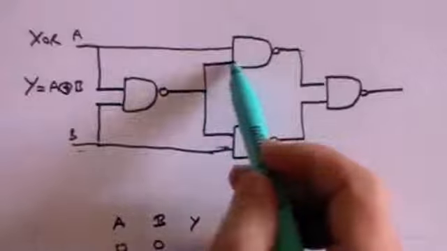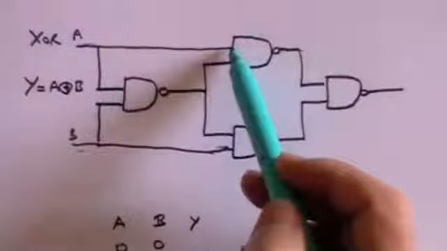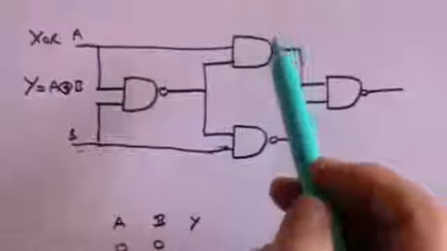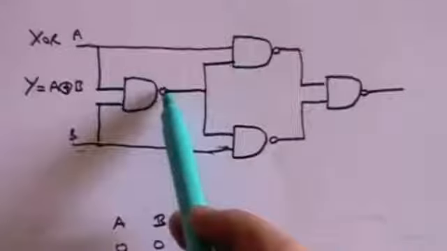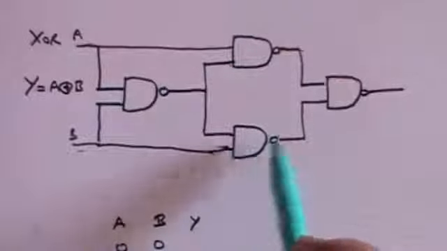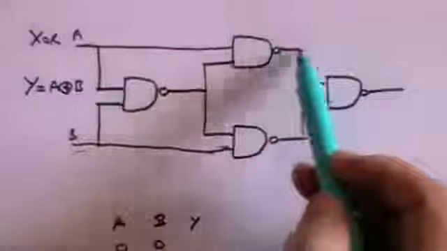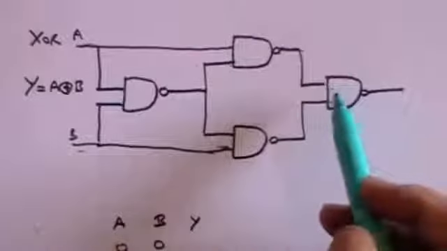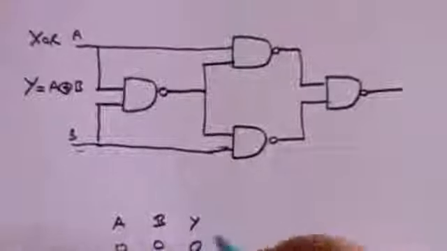So we'll now have a positive output going in here with a 0 coming in here. A 1 and a 0 still gives you a positive output. Similarly here, we had a positive output going in with a negative, that still gives a positive output. We've now got positive coming in here, positive coming in here, and 2 positives going through a NAND gate will give you a 0 output.